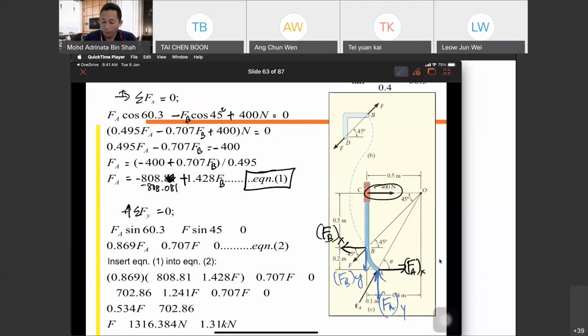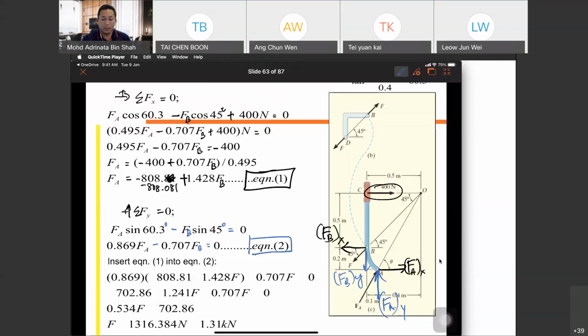So FA sine 60 degree minus FB sine 45 degree equals to 0. So 0.869 FA minus 0.707 FB equals to 0. So this is equation 2.